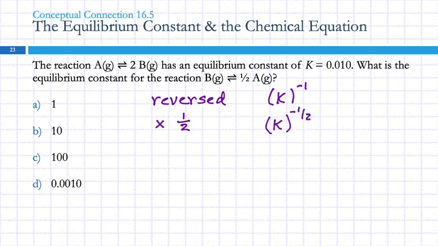So let's look at it this way. This is 1 over K. And so here we've got 1 over K raised to the 1/2 power. I think it's easier to see that way. This is the inverting for the switching of the direction of the reaction. And then we multiplied by 1/2, so we raise this to the power of 1/2.